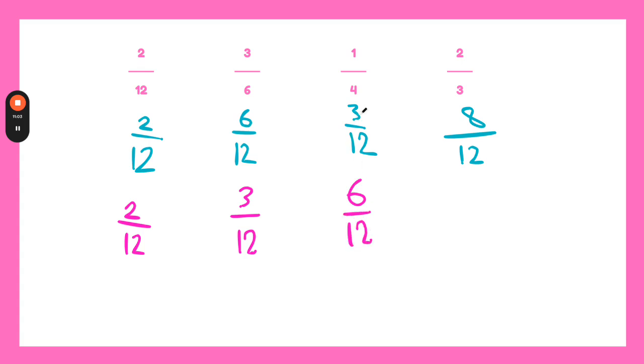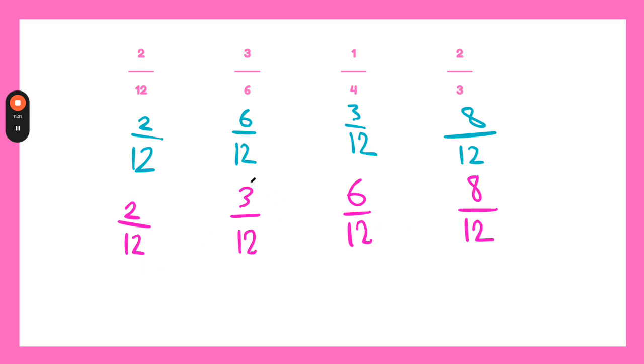Because after 3 comes 6 as the next smallest. Which then leaves us with 8 over 12 as our largest, because 8 is the largest number. So these fractions are now in order.